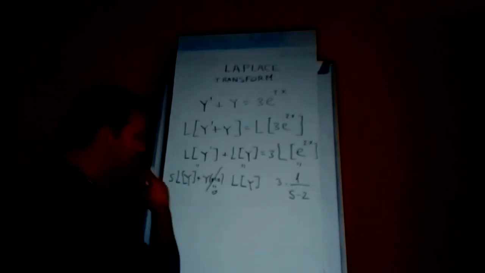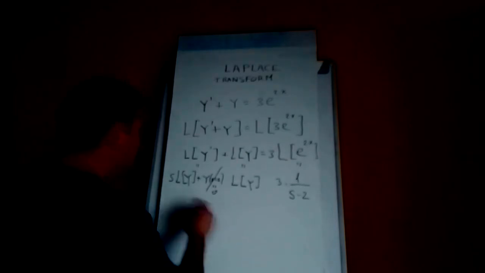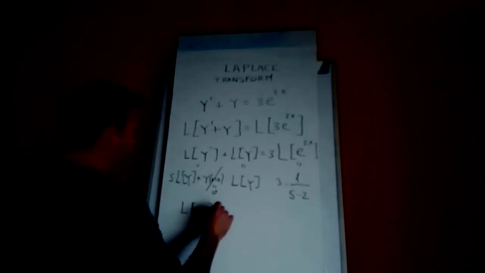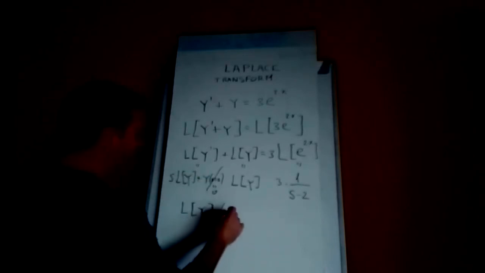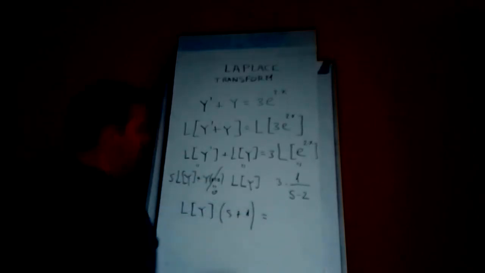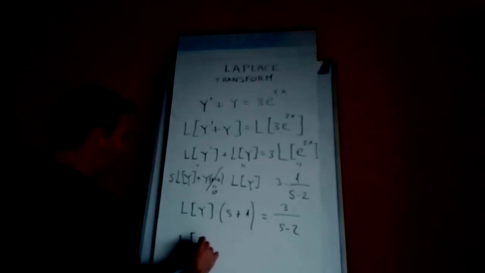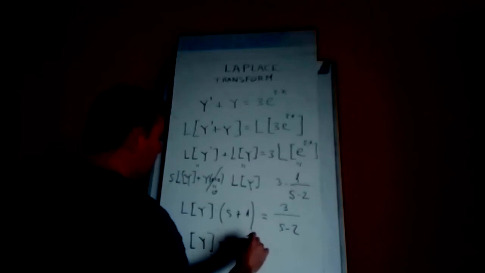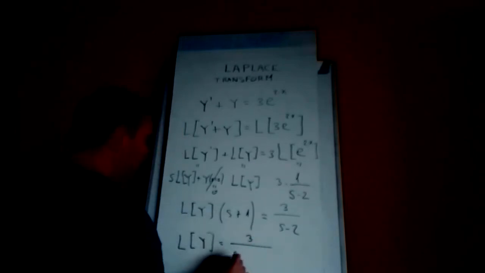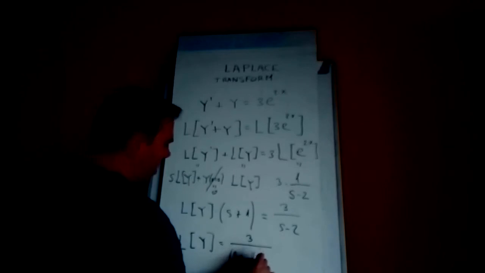Factorizing, L of y times (s plus 1) has to equal 3 over s minus 2. In other words, the Laplace of y equals 3 over (s plus 1) times (s minus 2).